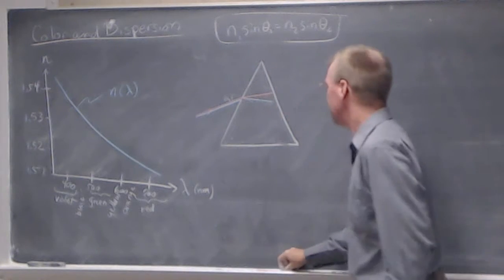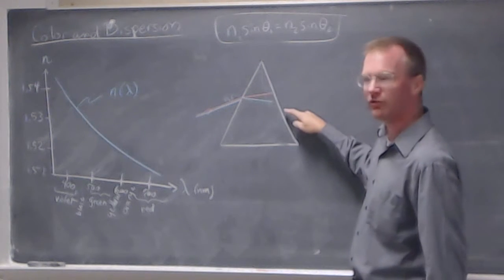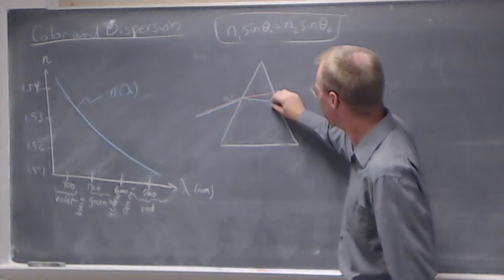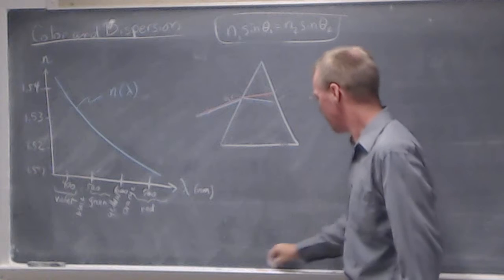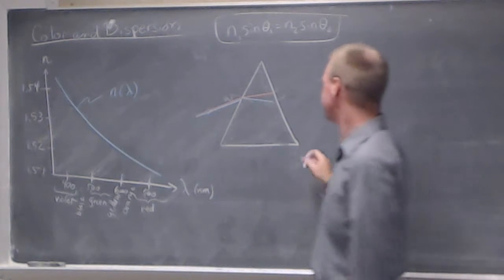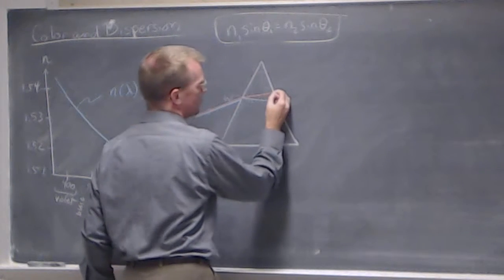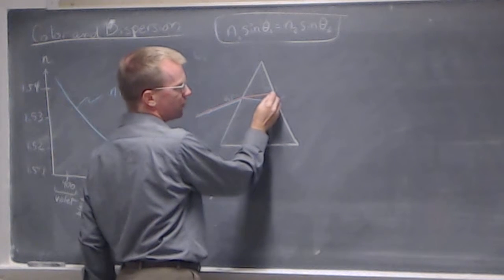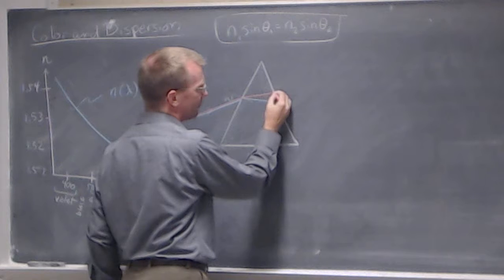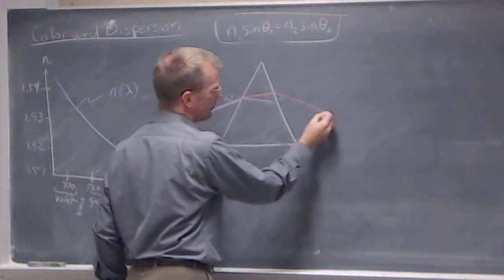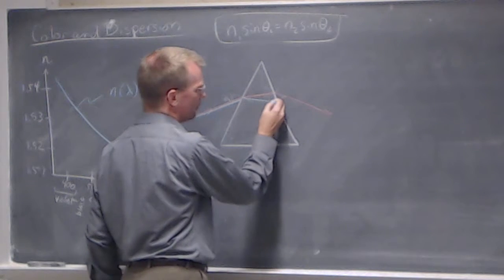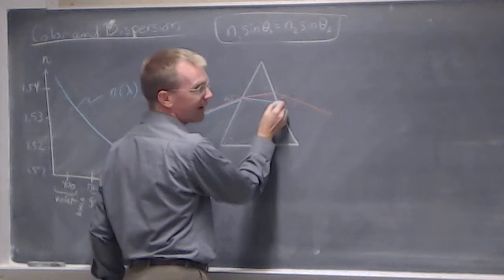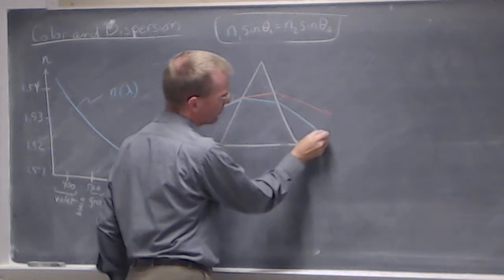Okay. Now, when they get here, you see this side of the prism is at a different angle. So the normal lines don't line up with the originals. So here, now, here you're starting in close to the normal line, you must bend away from it. And the blue over here comes in, it's starting a bit farther away from the normal line, it has to bend even farther away from it.